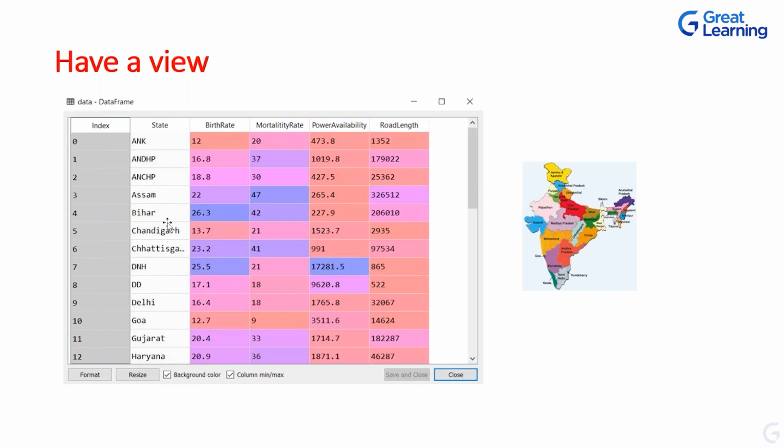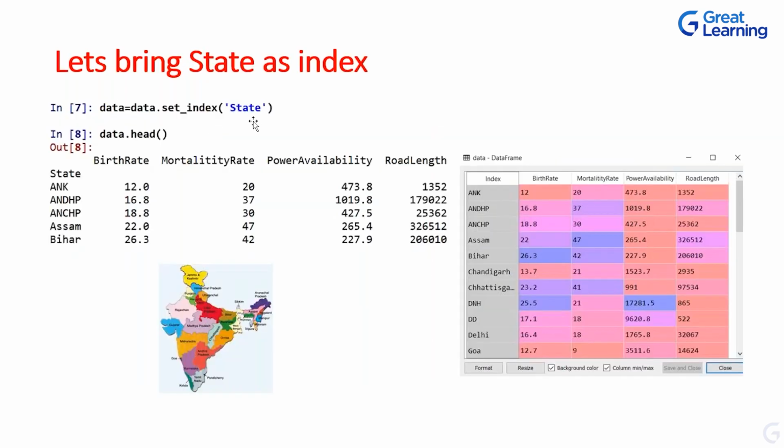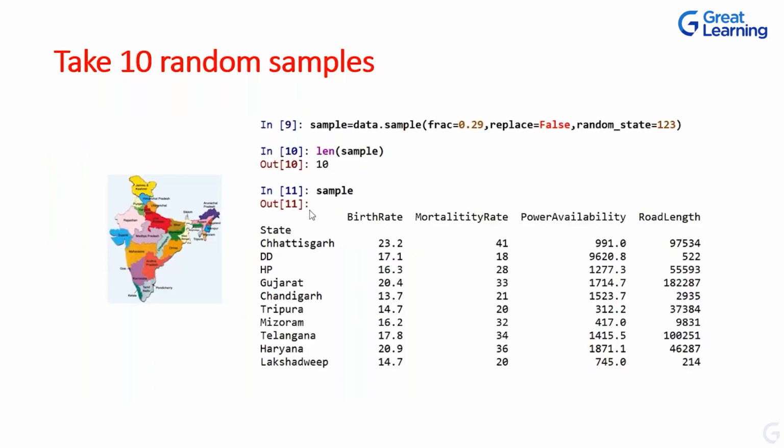So we wanted this to come here. This we can do like this. We will do indexing, which is done. This is the data name, set index, and then you can see that the states are here. States reached here, they are indexed, and our four variables are here. So this we had done. We had brought states as indexed.